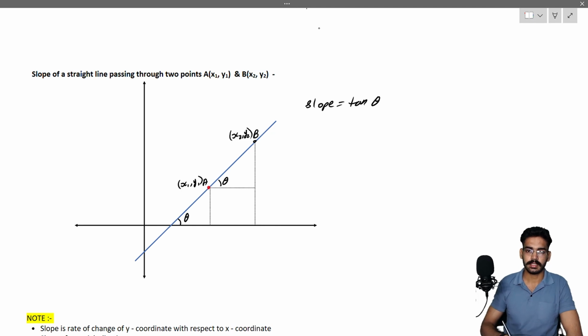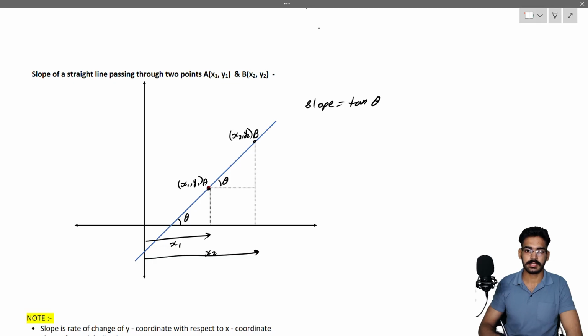Now see here, this coordinate is (x1, y1), right? So the distance from the y-axis till here is x1, and this distance is x2, for this coordinate.